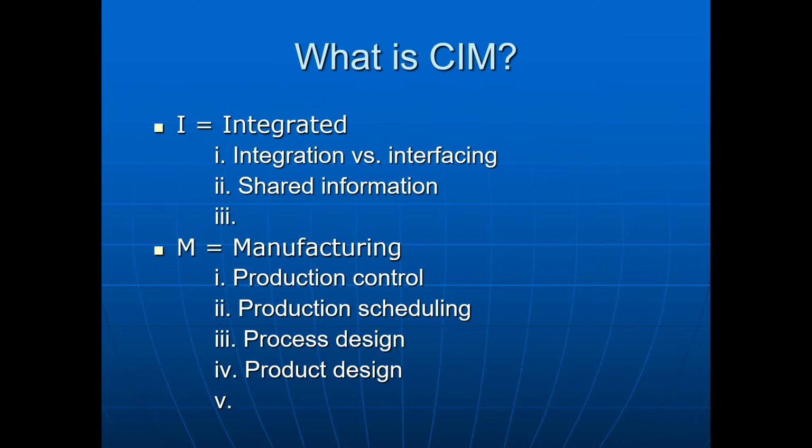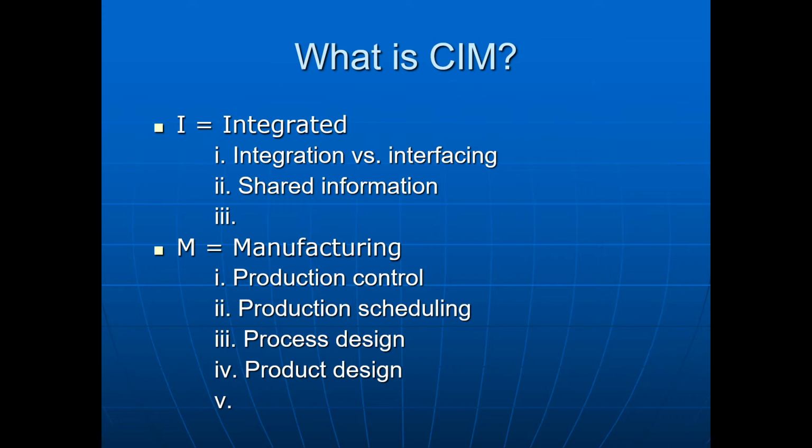And then they share information, from the tooling system, the machining system, and the work pick and place system. For example, the robotic system shares this information. That is the I for integrated, and then M is manufacturing.